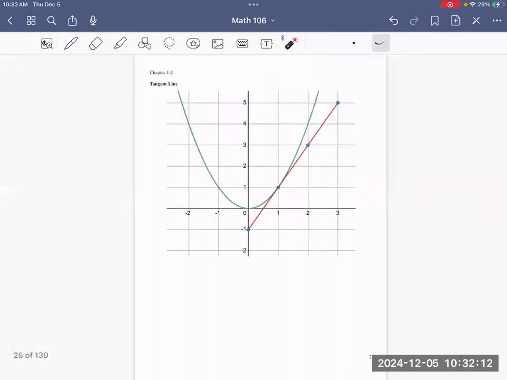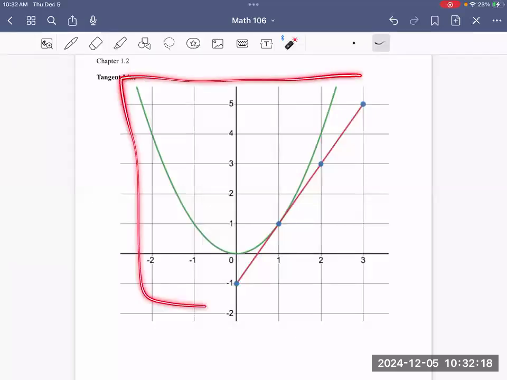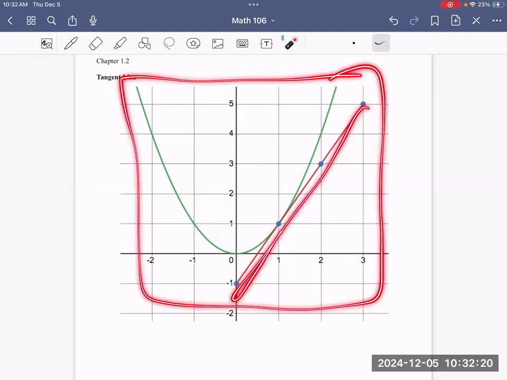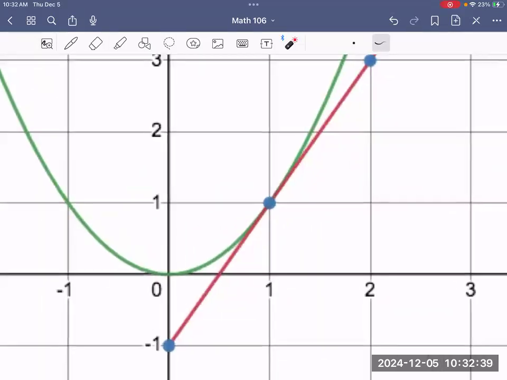Our last thing that we're going to talk about is this tangent line. We are going to be learning how to derive this tangent line and find it, but here we have it graphically. Your tangent line is just the slope at one particular point on your graph. And notice that this particular red line is not going through your graph. It's touching at that one point and it's getting as close as it can.